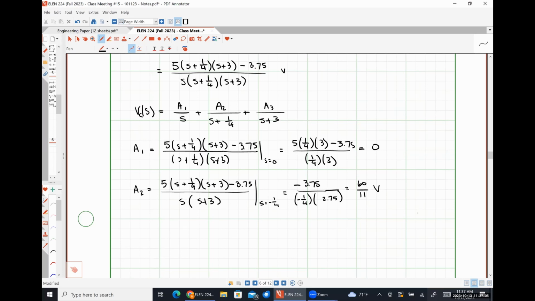Should that be s plus 1/4? Oh, it's already in there. Yeah, so it's being multiplied by this whole thing, and then this bit is going to cancel that bit, which is why we just have the s and the s plus 3 on the bottom left over. I'm skipping a step where I'm officially canceling stuff out like we have been doing in the past, but I believe this is correct.